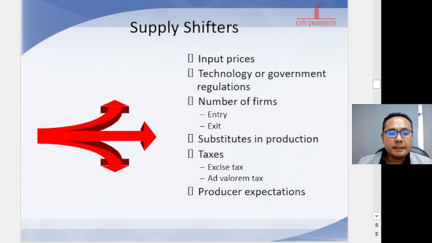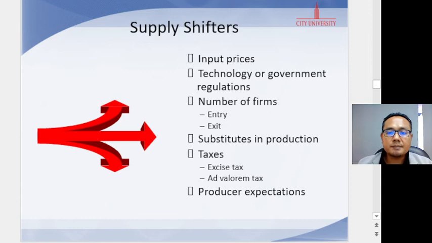And then last but not least, a supply shifter is producer expectation. Future prices also affect the position of the supply curve. In effect, selling a unit of output today and selling a unit of output tomorrow are substitutes in production.